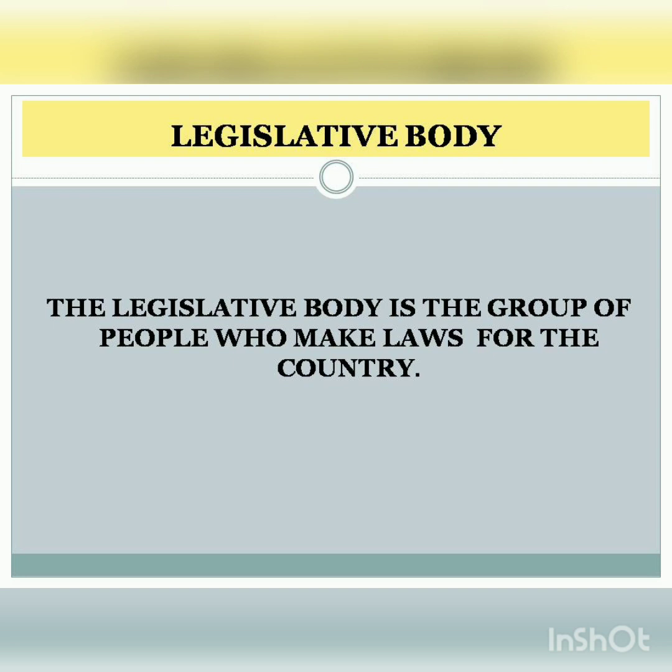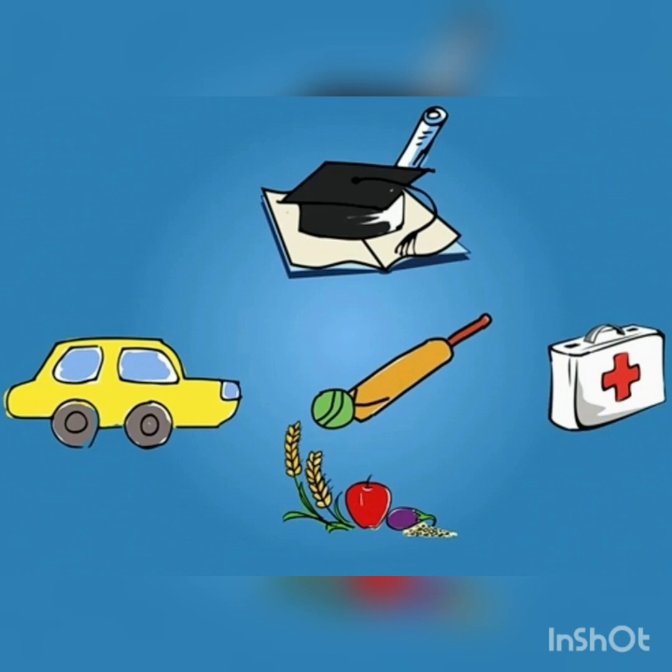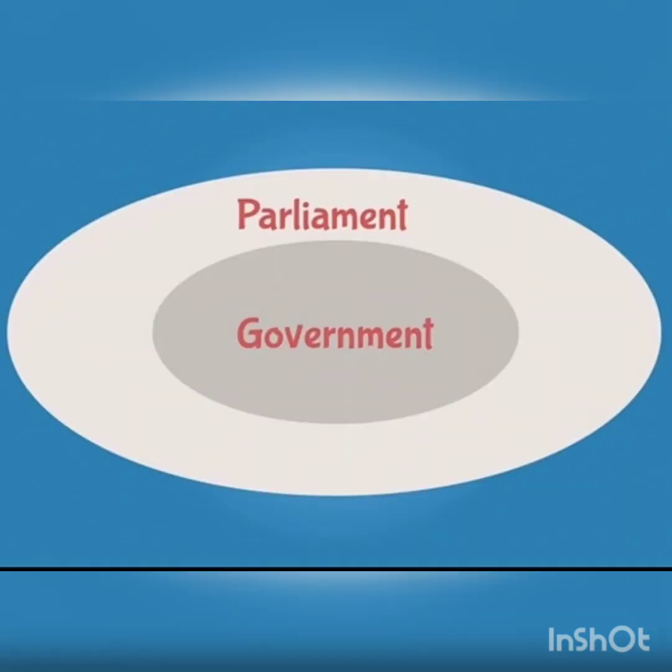The government and its ministries make decisions on our behalf about various things which are part of our life: transport, our education, healthcare, food and even sports. But the parliament is bigger and the government is a part of it.